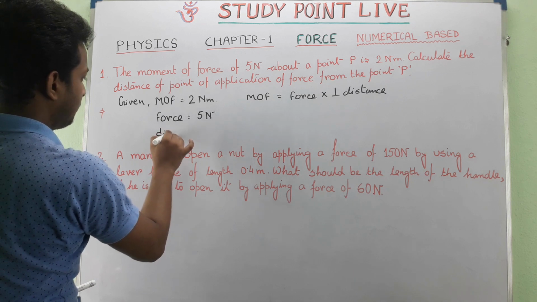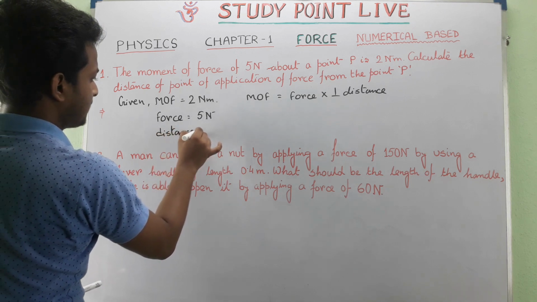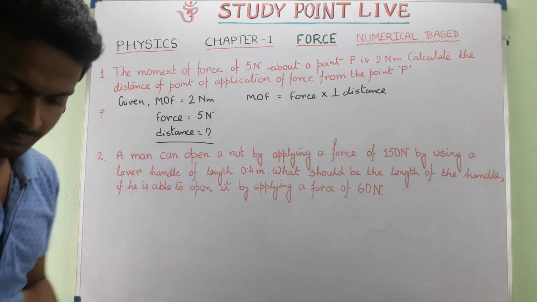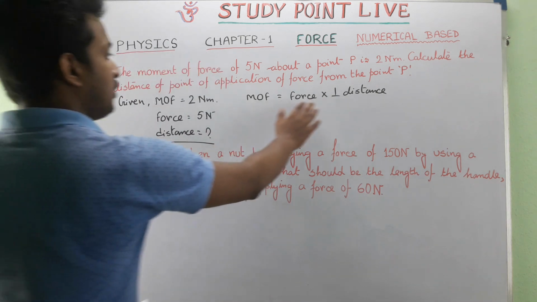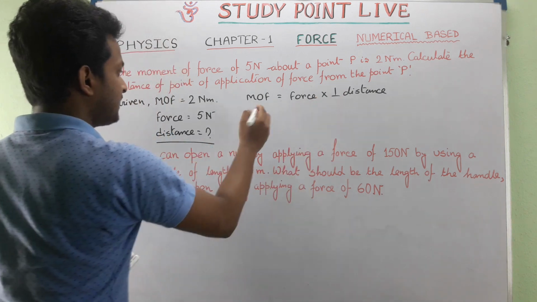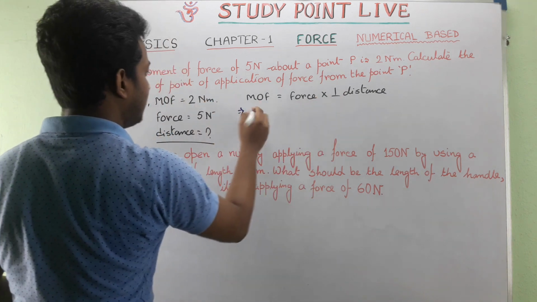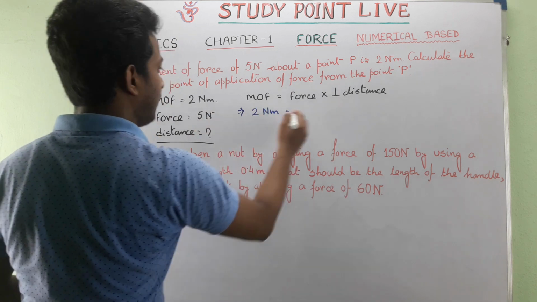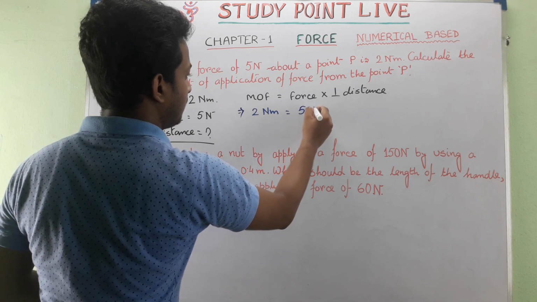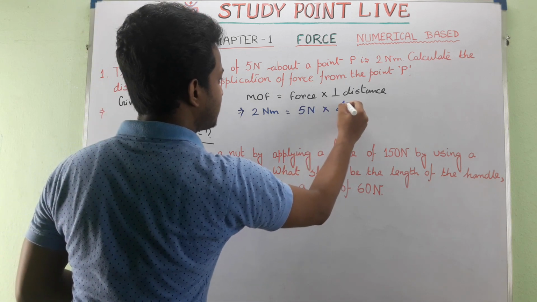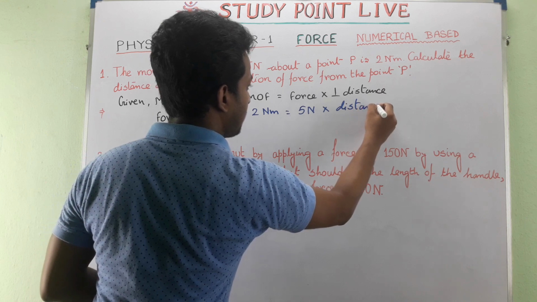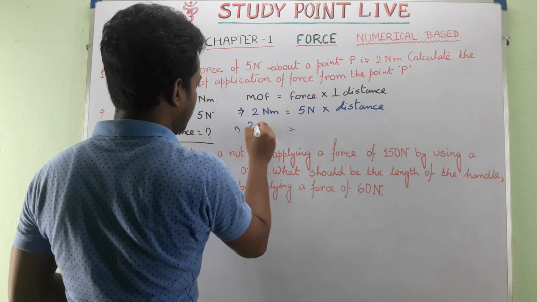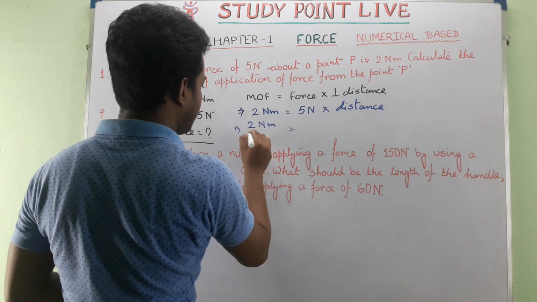We have to find the perpendicular distance. As we have to find this, we will divide by this 5 Newton over here.